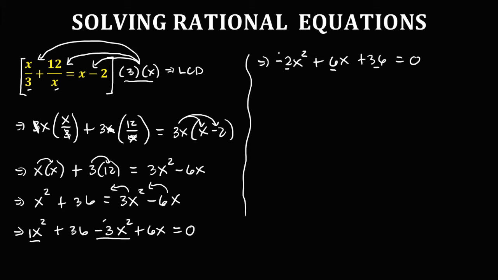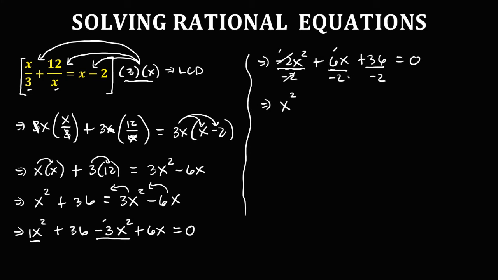And we have this negative on the first term. So to make this positive, divide every term by negative 2. So we have now negative 2 cancel, so we have x squared.